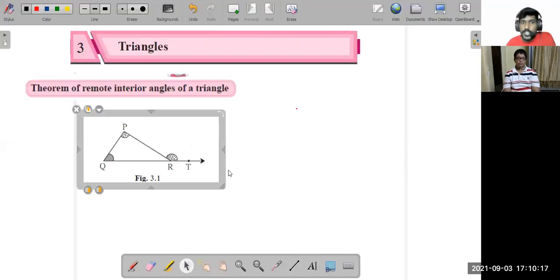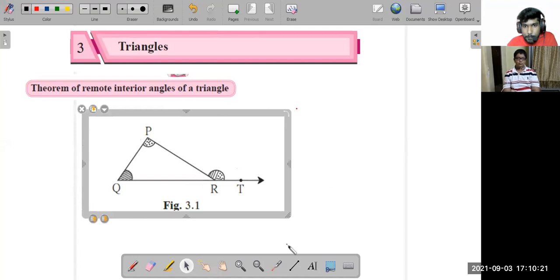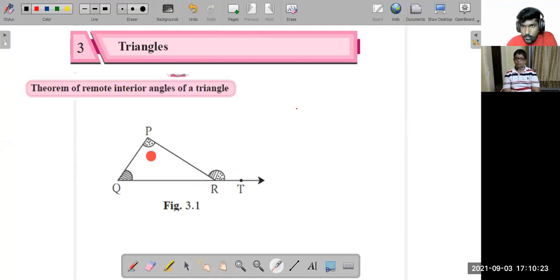Now if you see in this triangle PQR, these three angles P, Q, and R are all inside the triangle, hence they will be called interior angles. Clear? What is an interior angle?